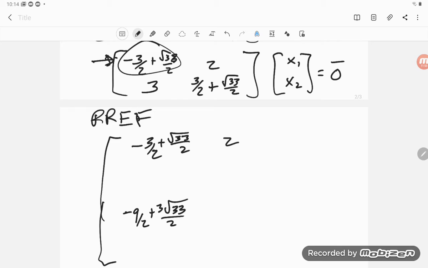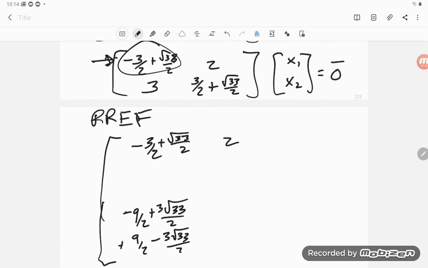Hopefully this obviously has to be 0, but I'll get plus 9/2 and minus 3 times square root of 33 over 2. So I knew that was going to be fine. Now the question is, do I get 0 in this next spot?